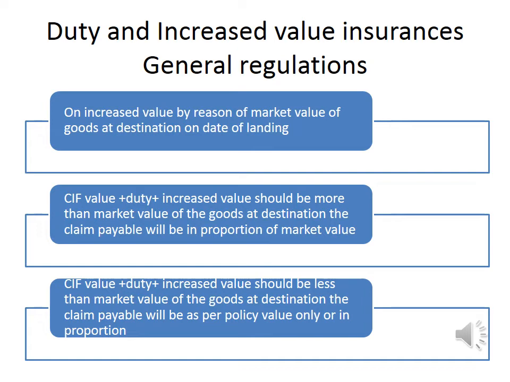Many times we give a markup of, say, CIF plus 10%. Now this 10% takes care of local transportation, etc. Many times a consignment of sulfur, or perlite ore, or certain consignments will be very less costly considering the inland journey.